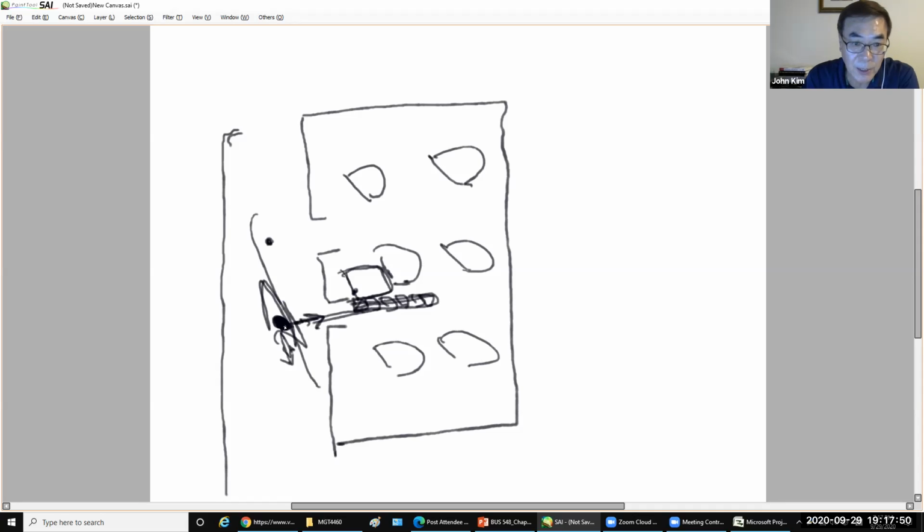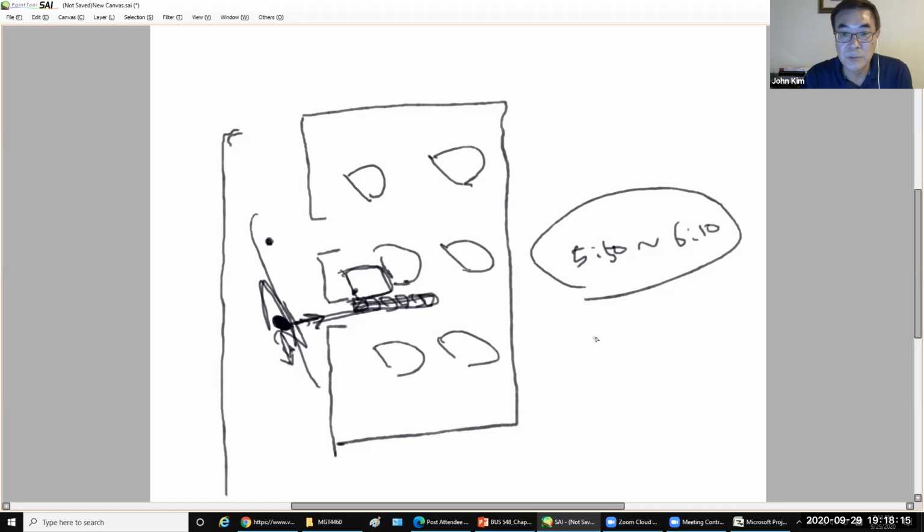Not all the time, but when the class finishes, the light uses a kind of computer program, like from 5:50 to 6:10 and 6:50 to 7:10.